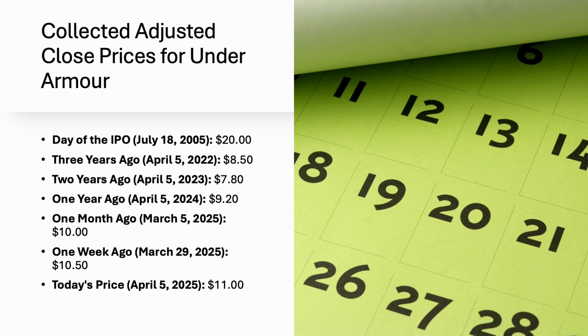You can see how the prices adjusted quite a bit. One month ago, March 5th, 2025, was $10. One week ago, March 29th, 2025, was $10.50. And today's price, April 5th, 2025, is $11.